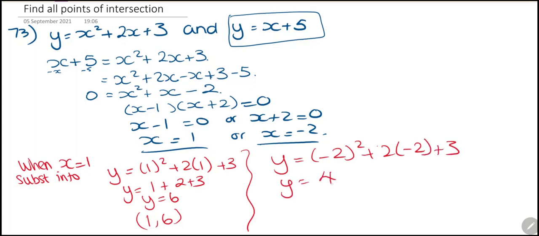So 4 minus 4 plus 3. And this is going to leave us with 3. So our coordinates are going to be minus 2 and 3.